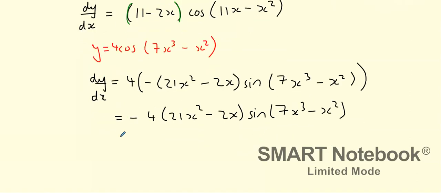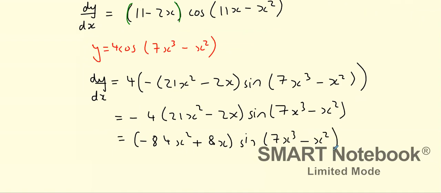Or equivalently, you could have multiplied the minus 4 in there and said something like minus 84x squared plus 8x, sine of 7x cubed minus x squared. Okay, does this make sense?